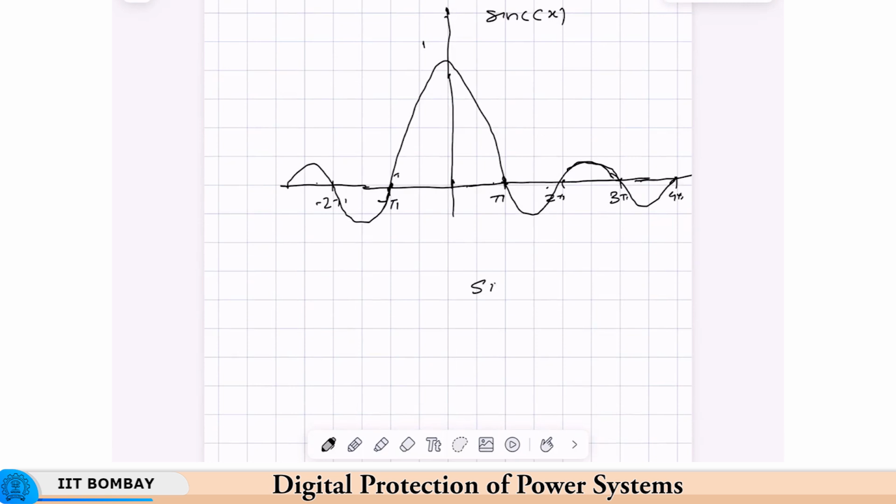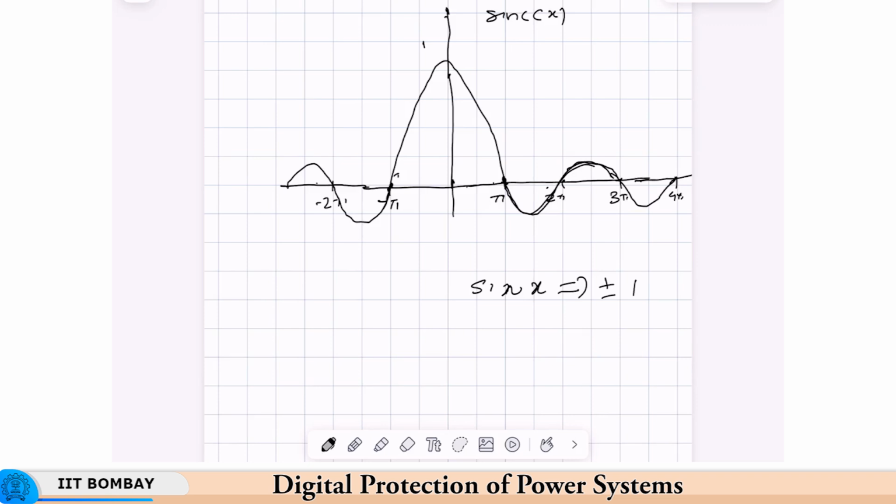Because sin x alternates between plus minus 1, and as x is in the denominator, the divisor gets bigger and bigger, so this will get smaller and smaller. Okay. So, this is how the plot of sinc of x looks like.